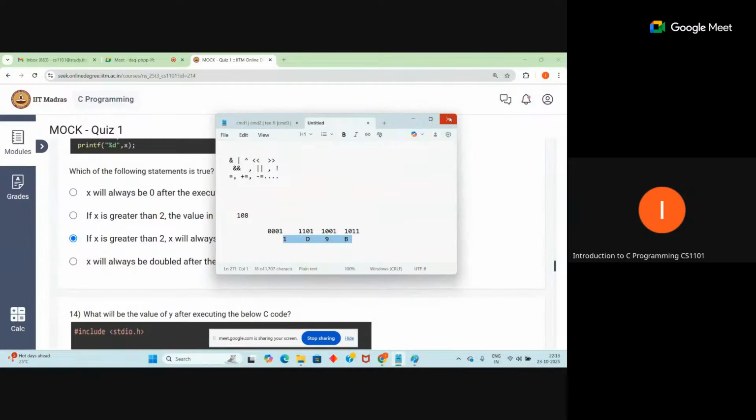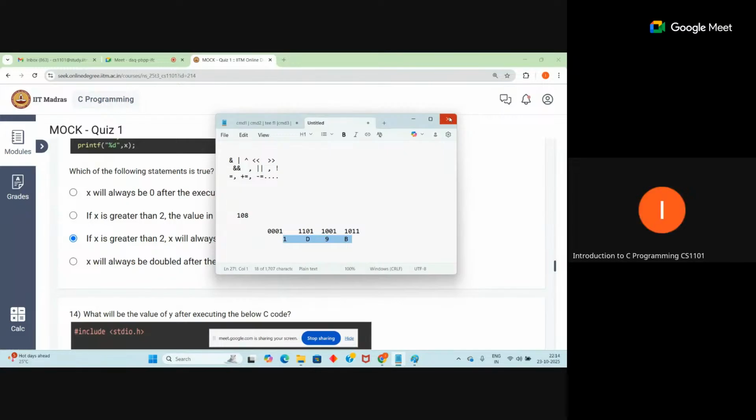When it comes to the fourth week, we will cover the control statements: if, switch, the loops while, for, do while, and statements like continue and break.